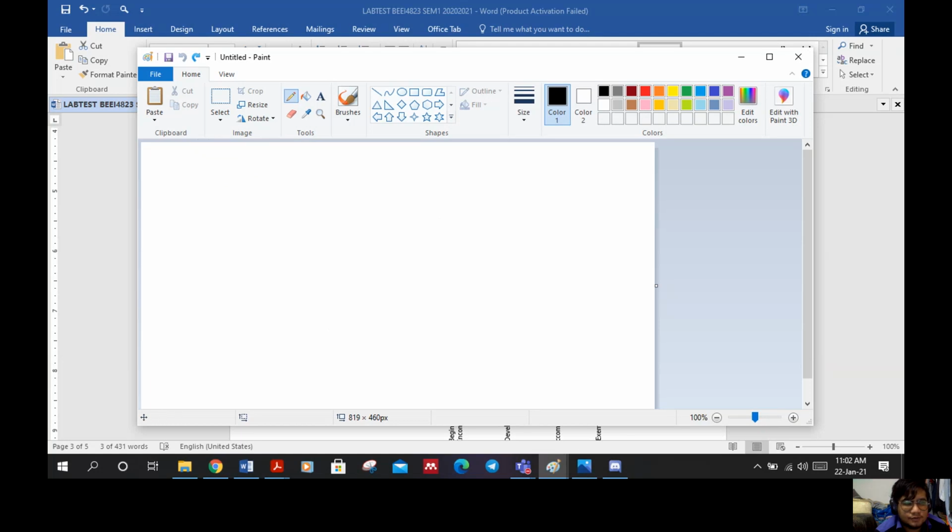So the capacitor will be like this one. This one is a varistor.